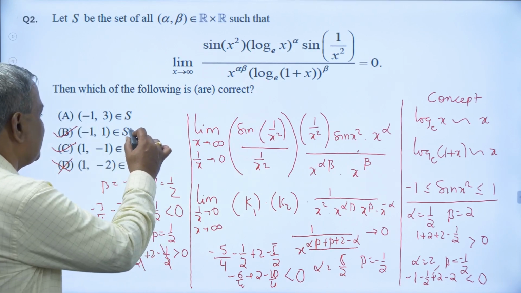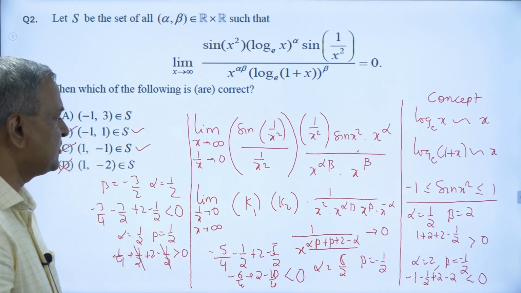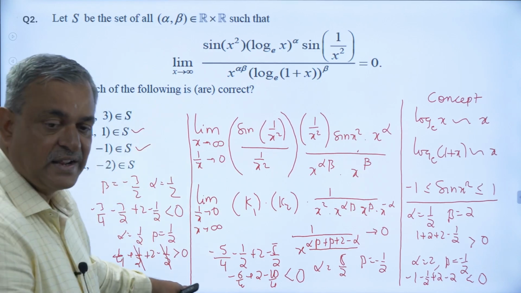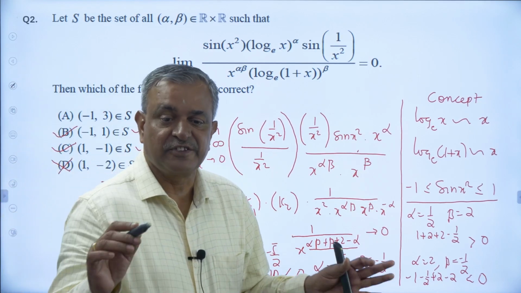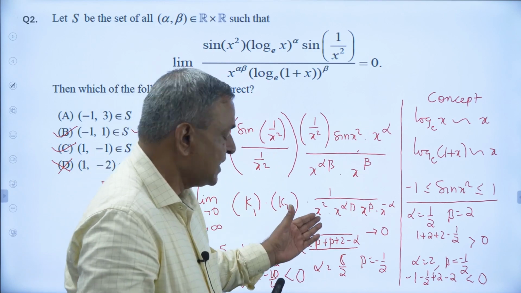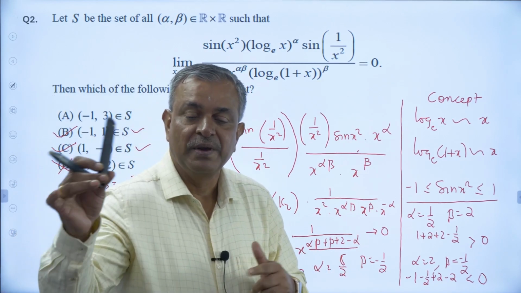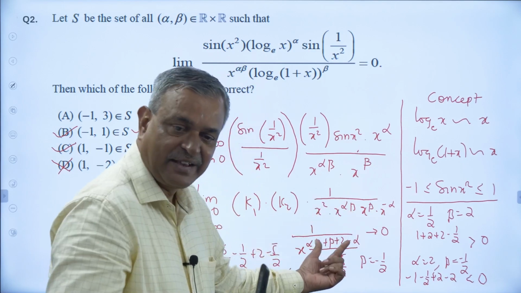Only in this interval, anywhere you take, it is coming out to be greater than 0. For these values only we are getting greater than 0. Why is greater than 0 required? That is most important. Extending to infinity, x square, x cube, x to the power 4, 1 by x is there.